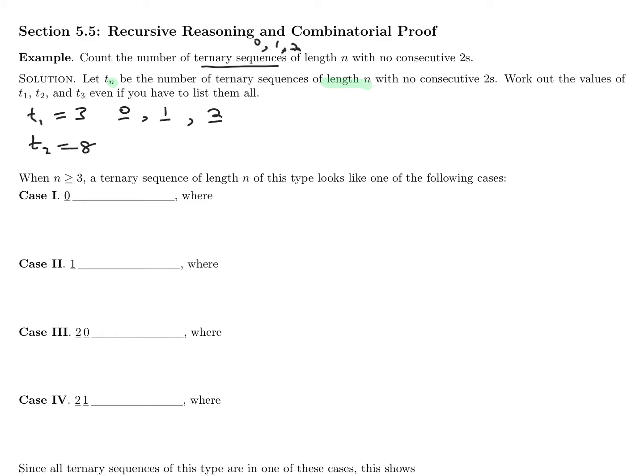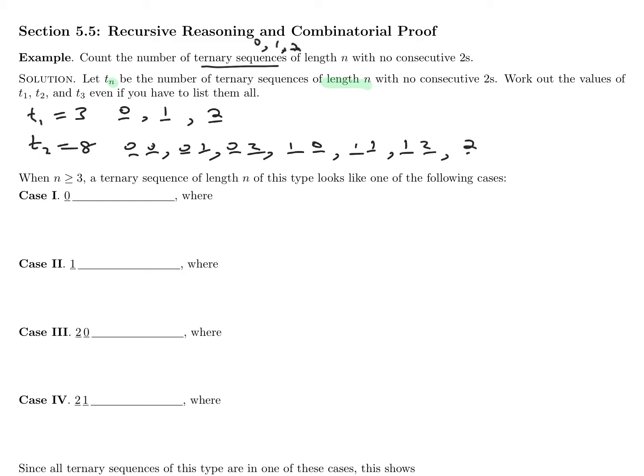T2, on the other hand, is 8, because there are 9 possible sequences altogether. You could have 0 0, 0 1, 0 2, 1 0, 1 1, and 1 2.